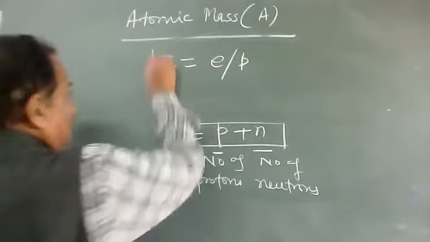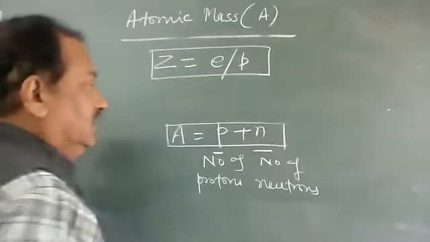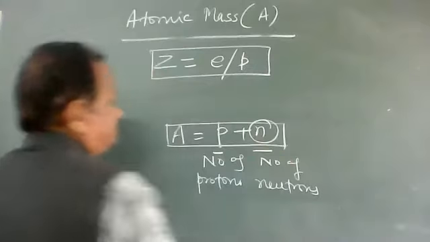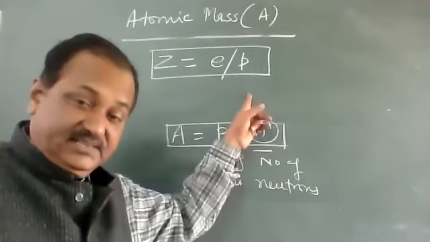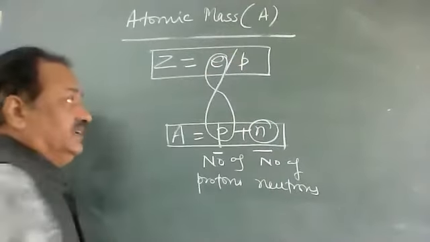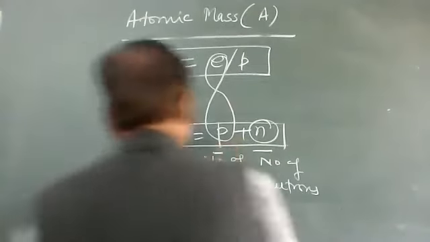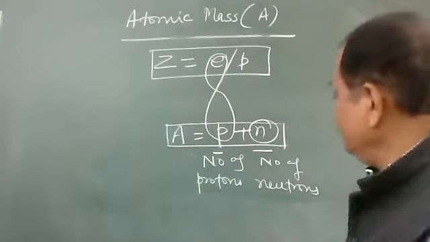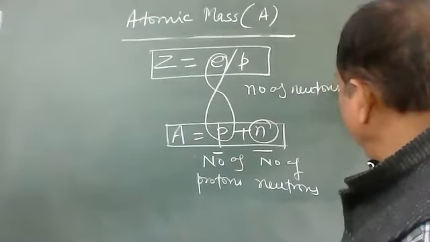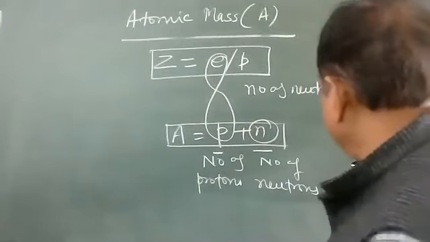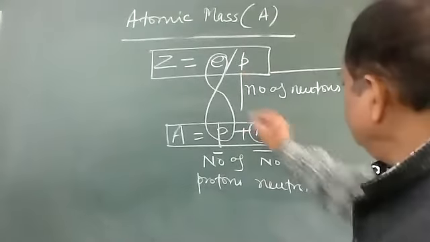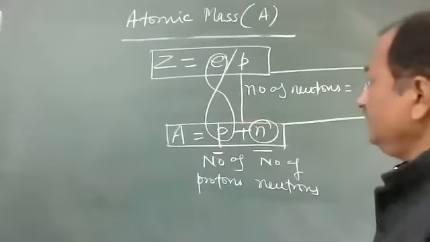If we compare these two, a very simple formula evolves: the number of neutrons in any species is equal to A minus Z. So this is the third formula, how we correlate.